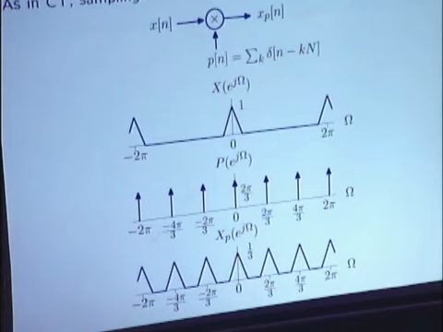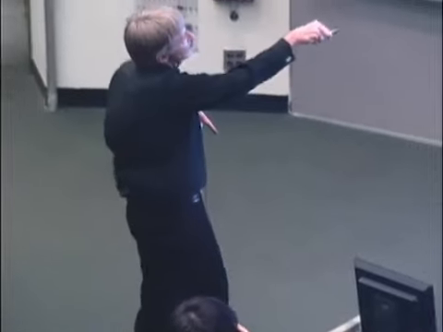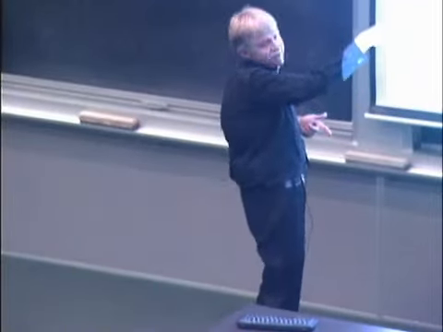But here, because of the periodicity being 1 at every third sample, we get 3 times that many impulses. So just like in CT sampling, we think about multiplying the original waveform by a sampling waveform that preserves only the information at the samples. We do the same thing here. Multiplication in time is convolution in frequency. So we take the original signal, we convolve it, and this is what comes out of that sampling process.